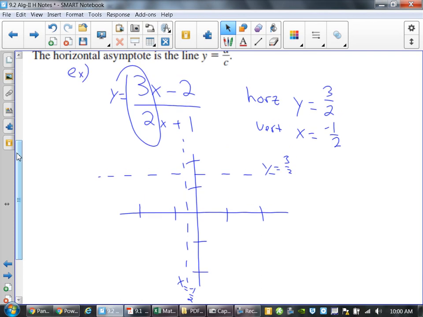And then it's just a matter of picking values. To be honest with you, the easiest one to start with would be at 0. Because what's 3 times 0? 0. What's 2 times 0? 0. So what's -2 divided by 1?